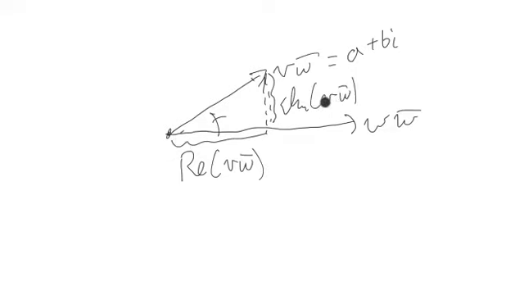Now, in this process, we've multiplied by W bar and it's rotated things, but it's also given us a new unit length, which has expanded everything. In fact, it's expanded everything by the length of what we're multiplying by. Now, the length of what we're multiplying by is actually the same as the length of W. I mean, the complex conjugate is just a rotation of W, just straight down.